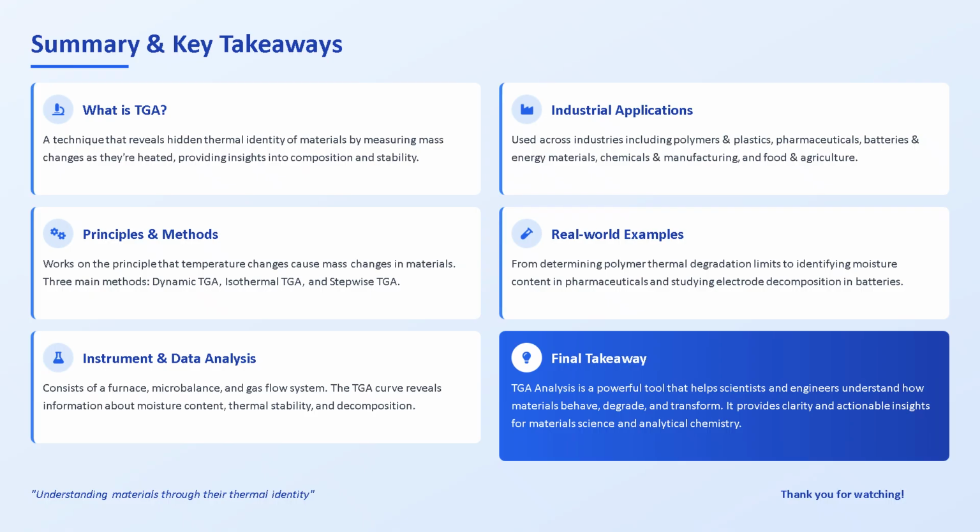We also looked at how TGA is applied across industries, from polymers to pharmaceuticals, batteries, chemicals, and even food sciences. Ultimately, TGA helps scientists and engineers understand how materials behave, degrade, and transform, giving them confidence in design, production, and quality control.